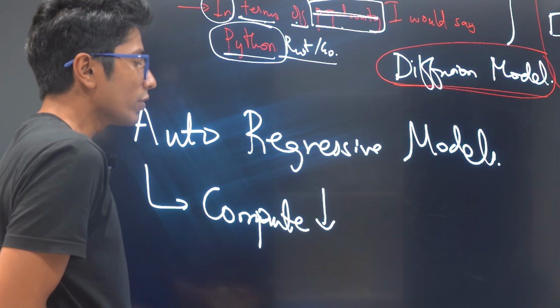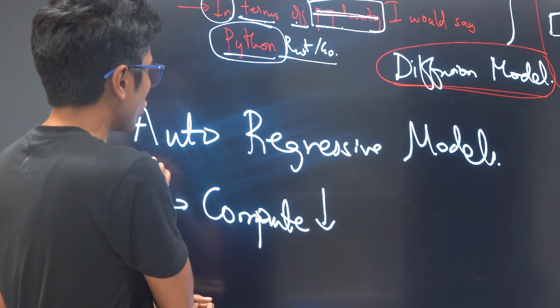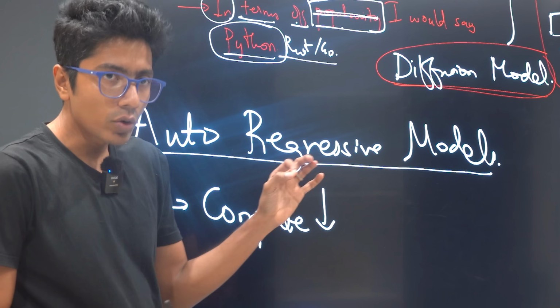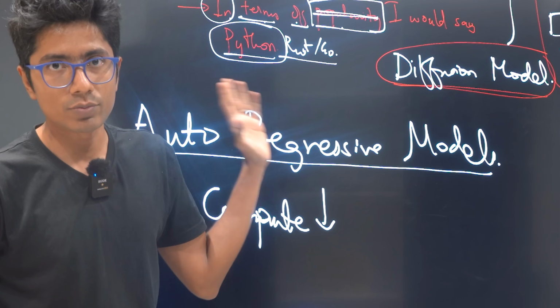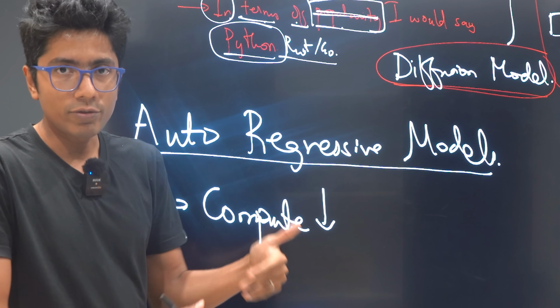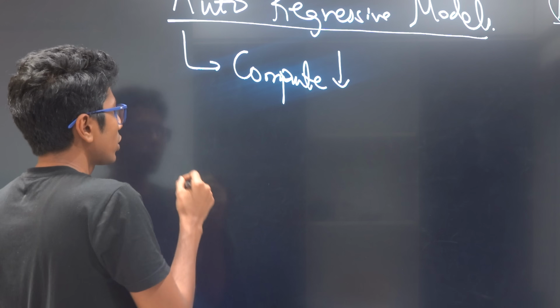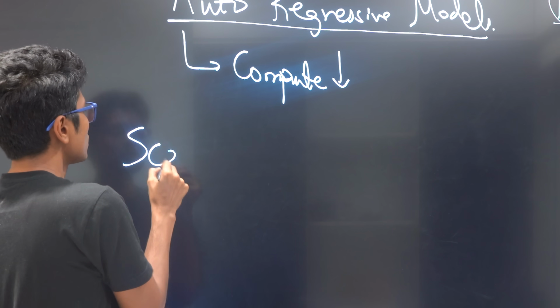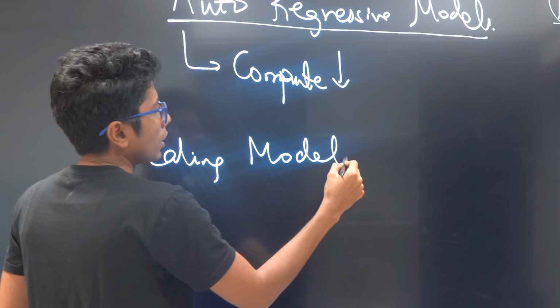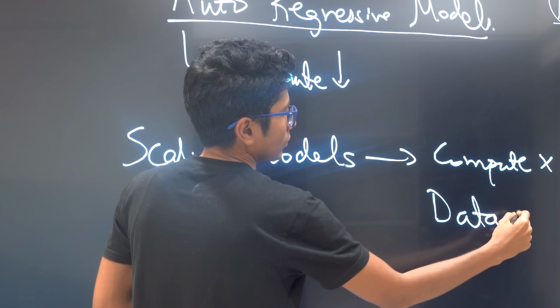So if you're buying many NVIDIA GPUs and you're almost out of budget, it makes sense to go for an autoregressive model which is going to require lesser compute than a diffusion-based model. However, at this point in time, when it comes to 2025 or beyond, it looks like the major bottleneck for scaling models is not compute, but data.